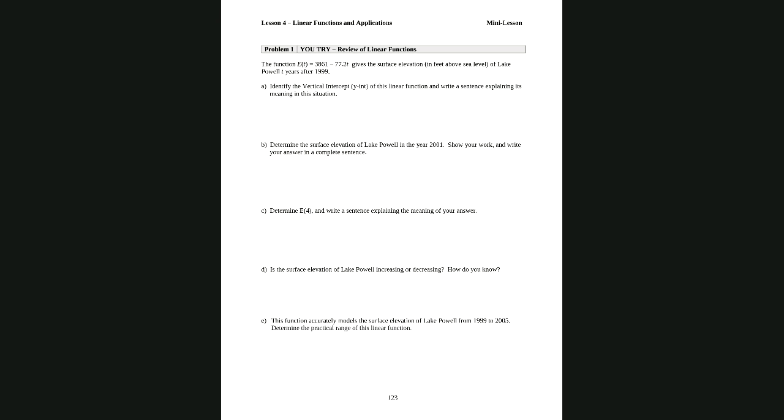So what is the practical range going to be? Again, remember the input affects the output, because the output depends on the independent variable, which is the domain or the x values. So how can we find the practical range in this situation? That's a very good question.